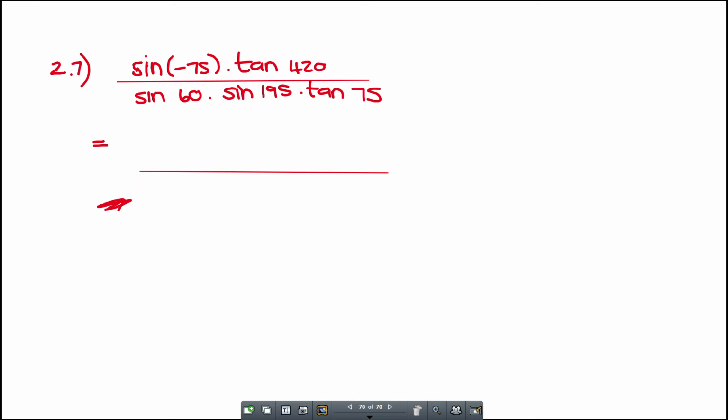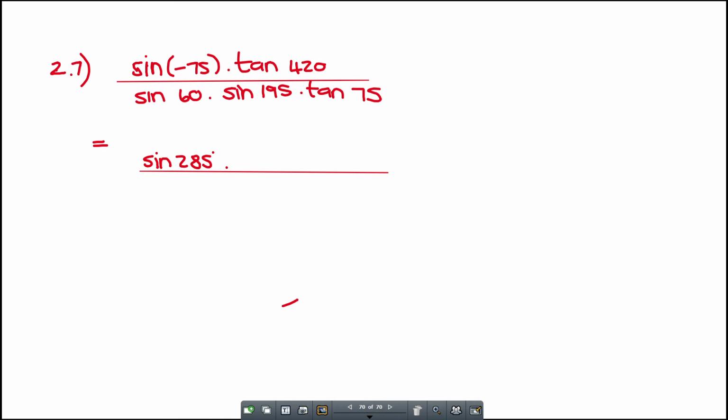Goed, so heel eerste hier, ek gaan sê, daai sin minus 75. We said if we've got a negative angle, if you're comfortable with working with the negatives, go for it. But otherwise, we add 360. Nee. So that will then become sine 285. Okay. The tan 420, because that one is very big, I can go and subtract 360. Nee.